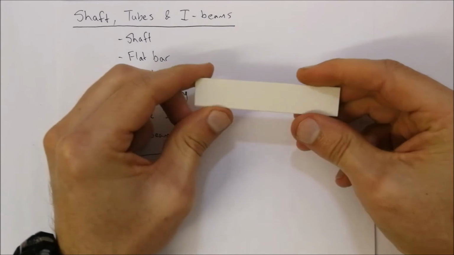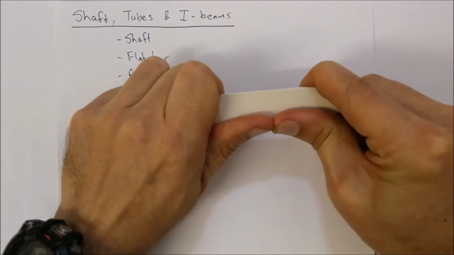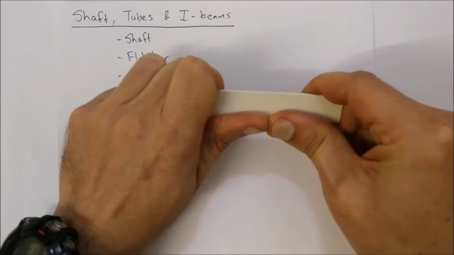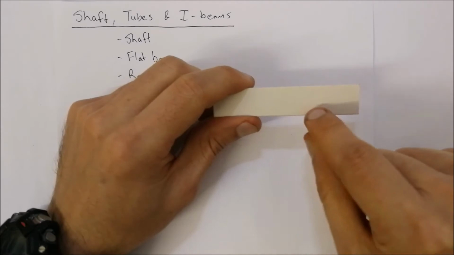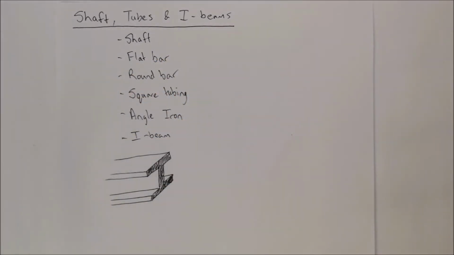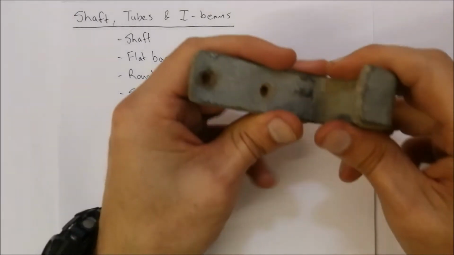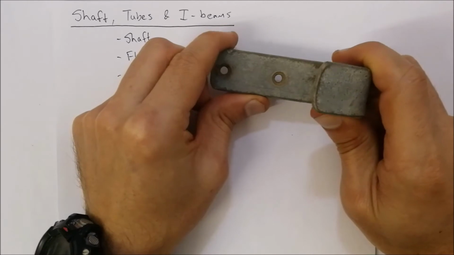If I keep it in this fashion and try to bend it, I can put a lot of force onto it and I'm not going to be able to bend it. So it's the same situation: you've got compression and tensile forces acting on it. So your flat bar has the advantage that, if you compare it to a normal round shaft, it will be able to bend.